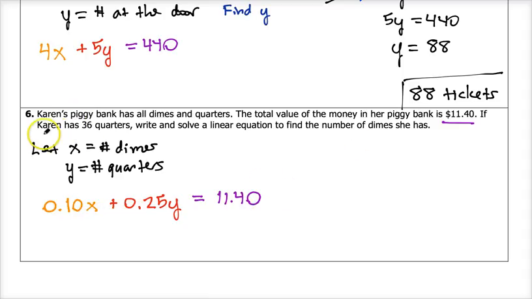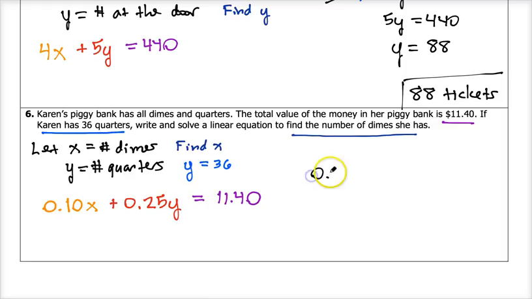We're told that Karen has 36 quarters, so we know that y is equal to 36, so our job is going to be to find x, the number of dimes she has. So we'll take the equation, keep x, plug in 36 for y, and solve the equation.